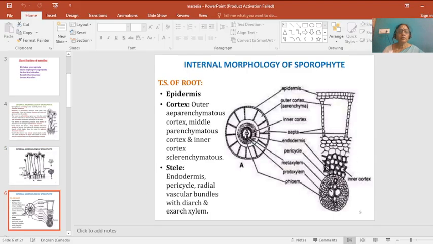Regarding the internal morphology, or the anatomy of the root, it is differentiated into epidermis, cortex, and the stele.